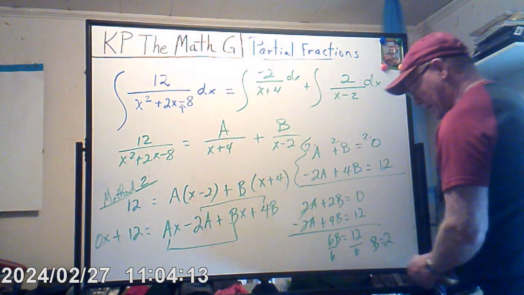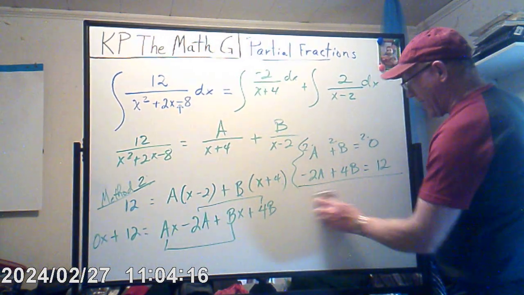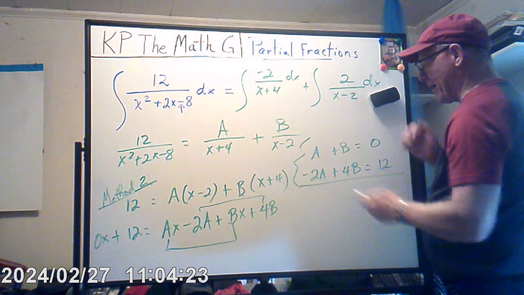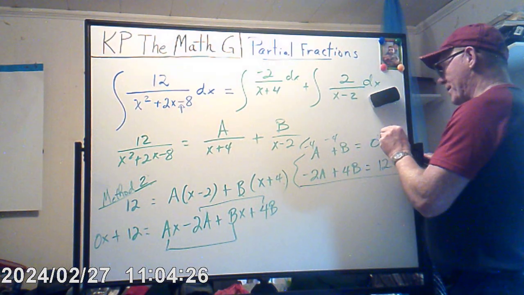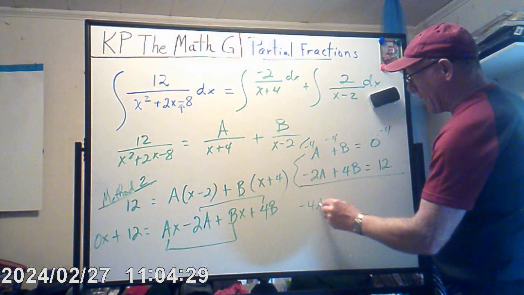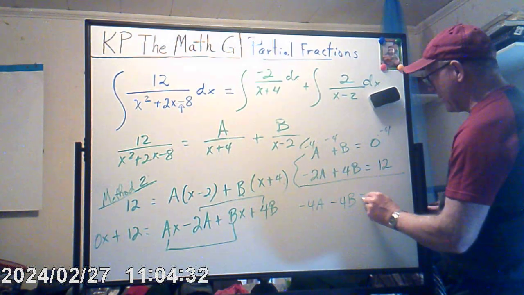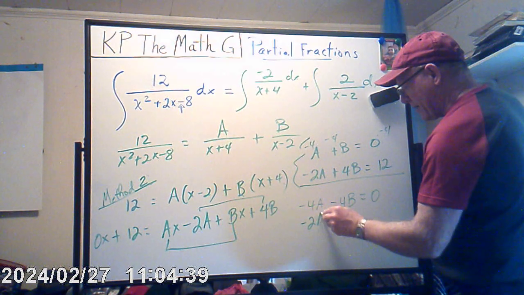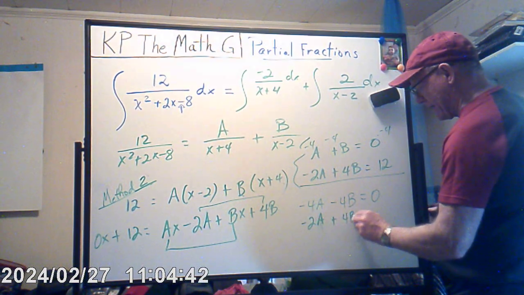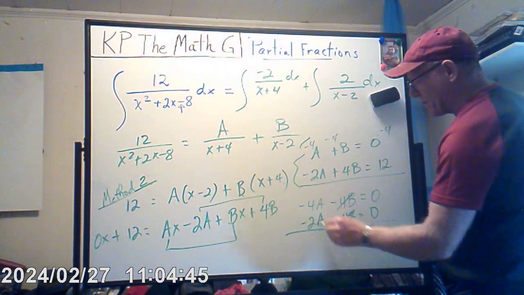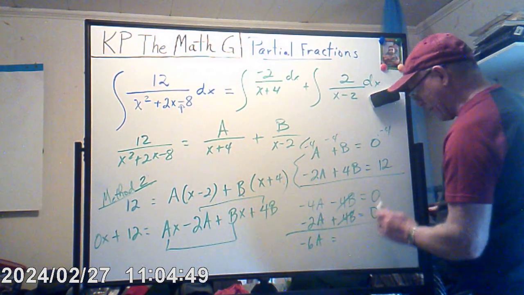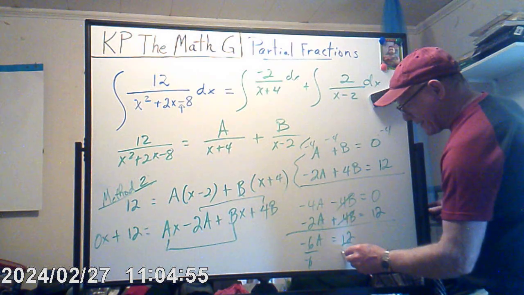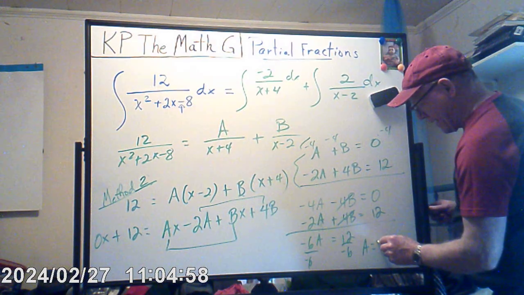So if I were to multiply this by negative 4 right here, negative 4, negative 4, negative 4, then I would get negative 4a minus 4b is equal to 0, and negative 2a plus 4b is equal to 12, and notice that the b terms go away, and that's negative 6a is 12, and then when I divide by negative 6, I get a is negative 2.